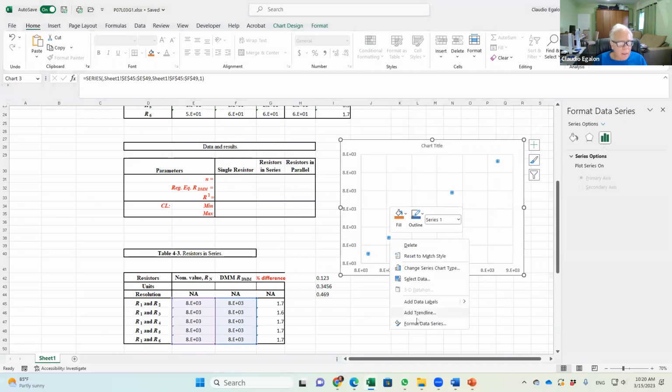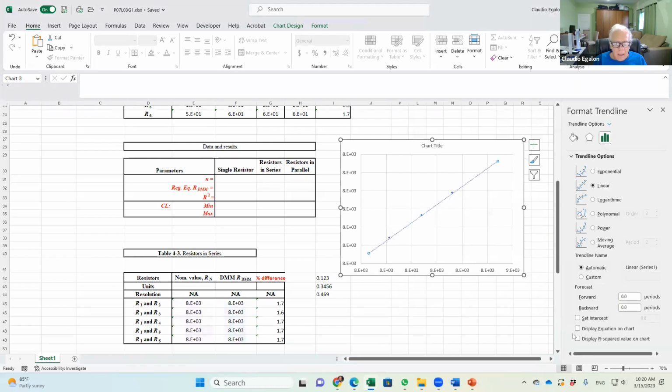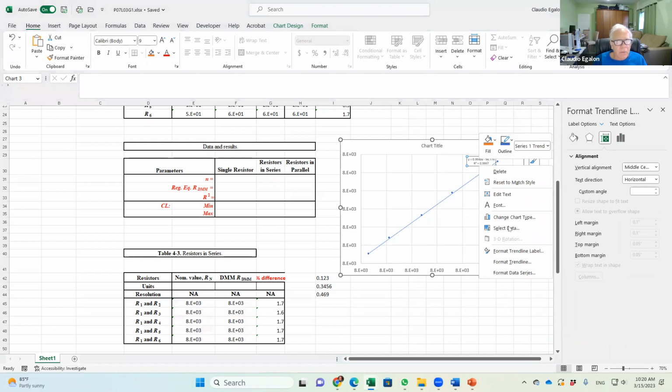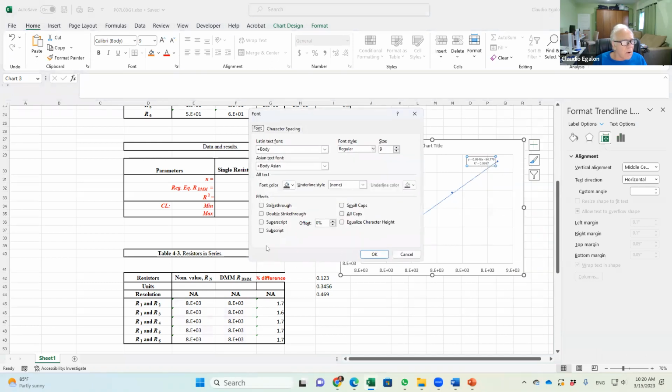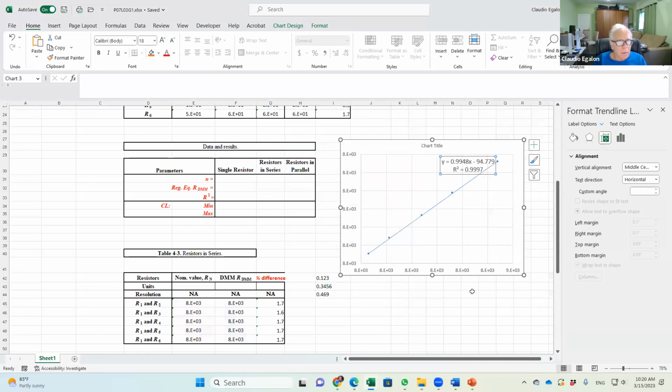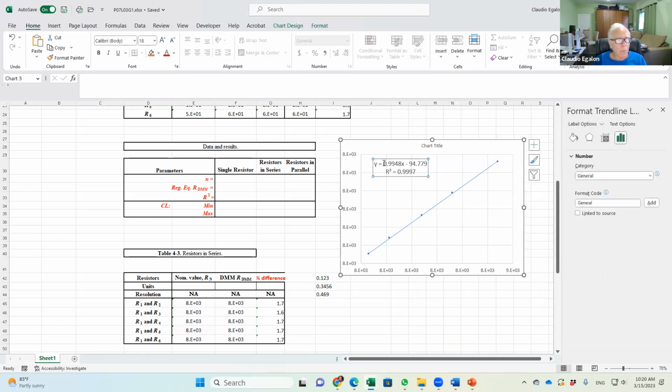And trend line, display equation on chart, and I gotta increase the font size here as well so you can see it better. Let's put 18. Okay. Now, just like before, we get an R squared that's very close to 1. The slope is close to 1 as well.